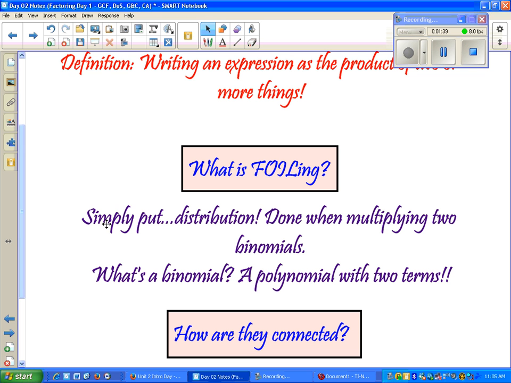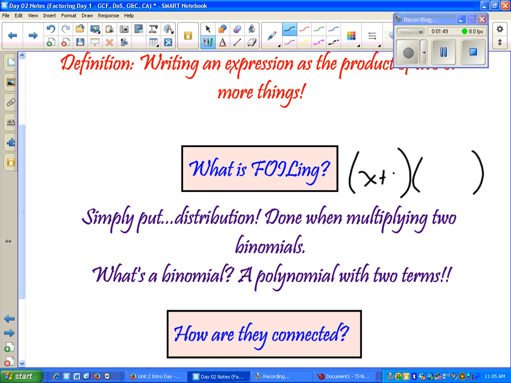Simply put, distribution, done with multiplying two binomials. A binomial is a polynomial with two terms. So if I have something like this, it's our way of multiplying this out. First, outer, inner, last.